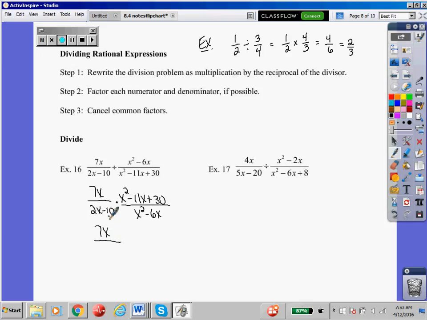So 2x minus 10 can get factored. There's a GCF. X squared minus 11x plus 30. This is x minus 5, x minus 6. And with x squared minus 6x, there's a GCF.